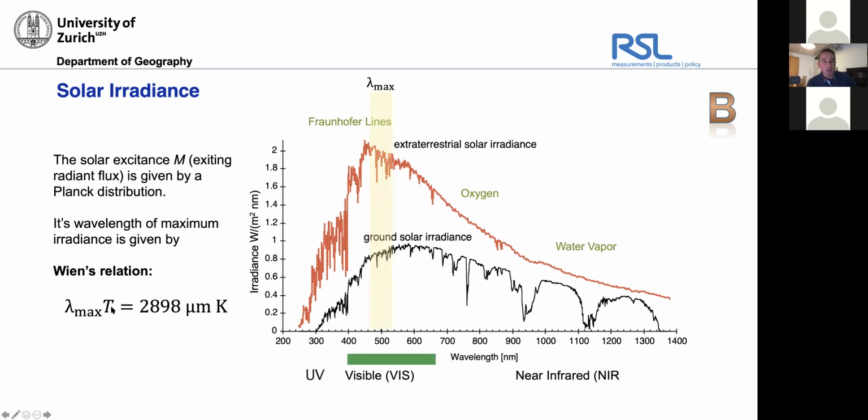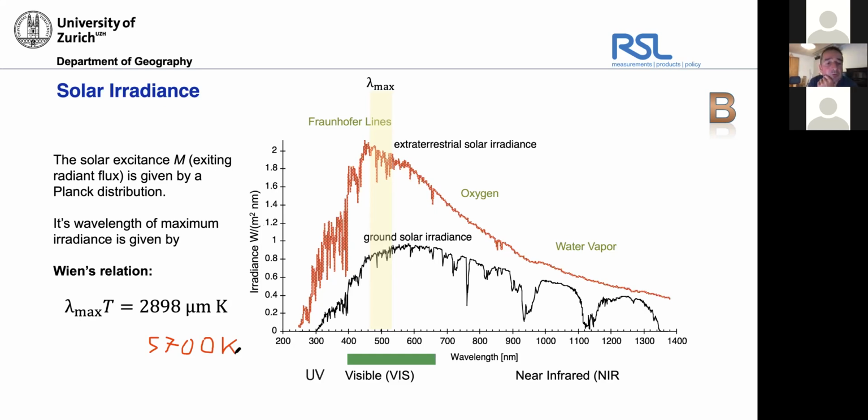So if you take the temperature of the Sun, which is maybe 5,700 Kelvin, what's the maximum wavelength?